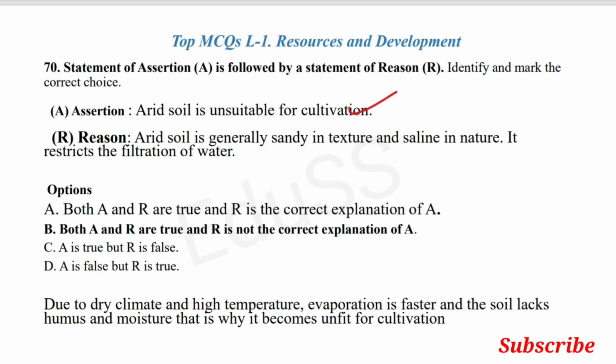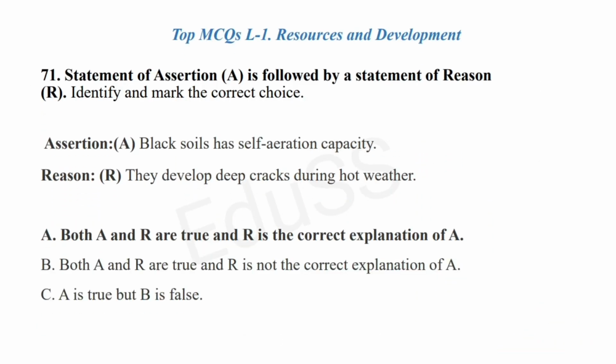Arid soil is generally sandy in texture. This is not the explanation of A. Arid soils are not suitable for cultivation because they lack humus and moisture. That's why here the correct option is both A and R are true, but R is not the correct explanation of A. Now let's move to the next.